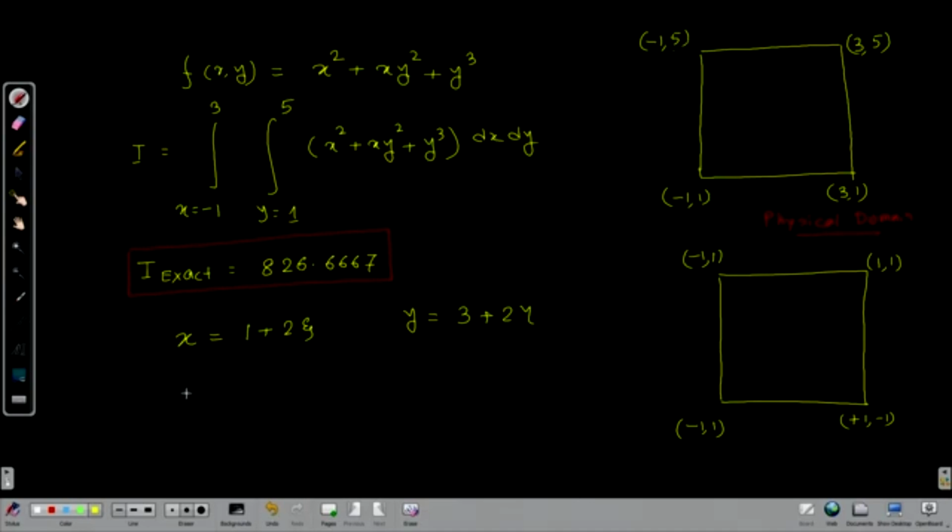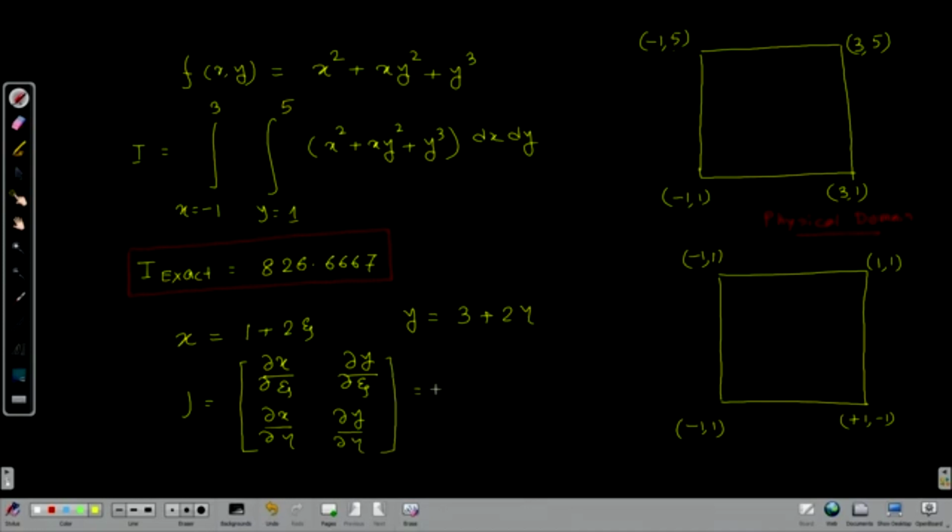So Jacobian, we can write Jacobian. Jacobian is equal to, we know, del x del xi, del y del xi, del x del eta, del y del eta.